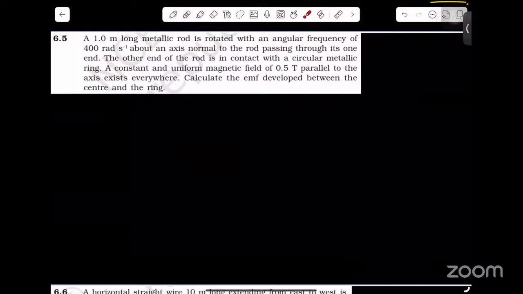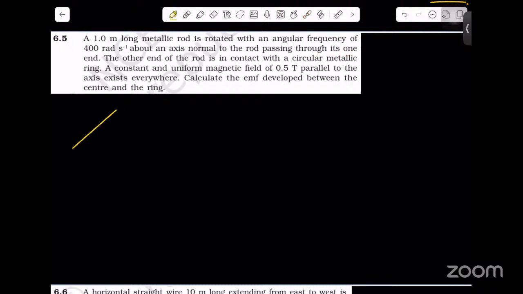Okay, a 1 meter long metallic rod is rotated with an angular frequency of 400 radians per second about an axis normal to the rod passing through one of its ends.